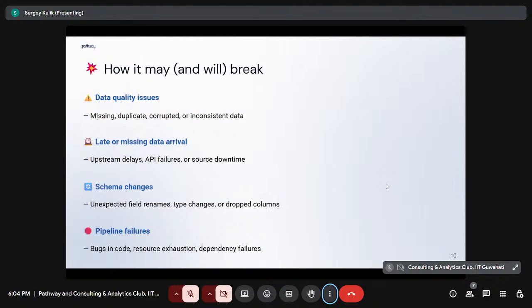Also, the problem can be that there can be late data arrival, or even simpler, the external APIs that we pull can fail. For example, we decided to do the data export from a database, but the database is currently locked, or even the server for the service from which we want to extract the data is down. And we should handle it gracefully, because sometimes people are too strict on the conditions for the service.